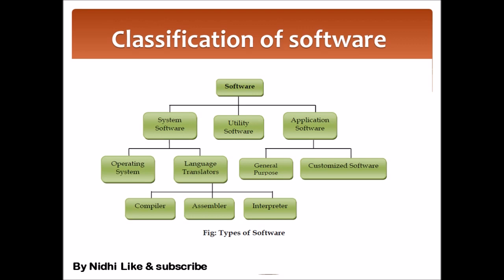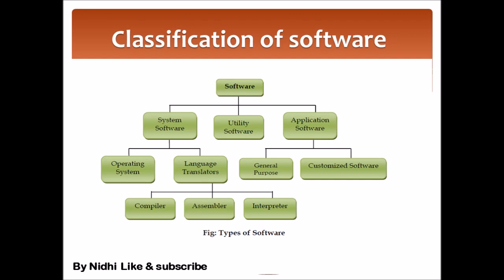System software is further categorized into operating system, language translators, and programming languages. Application software is further categorized into general purpose, customized software, and specific purpose application software. The language translator is further classified into three parts: compiler, assembler and interpreter.